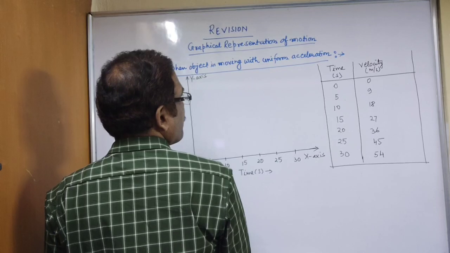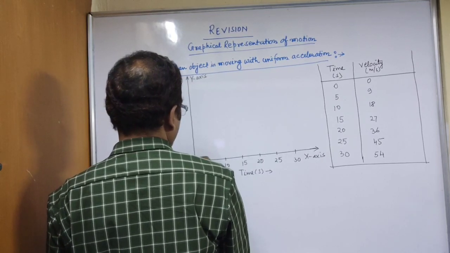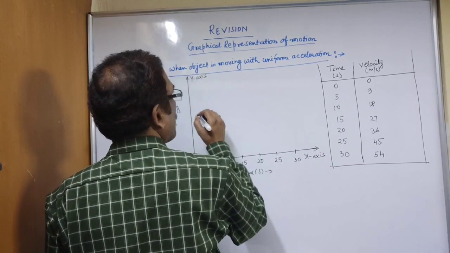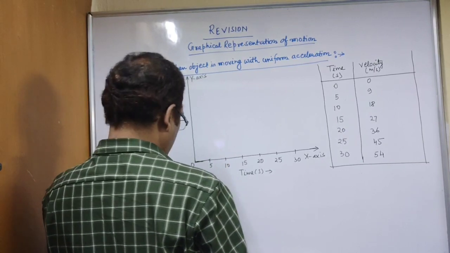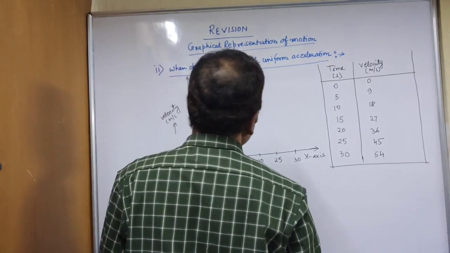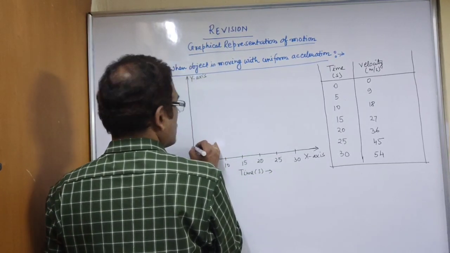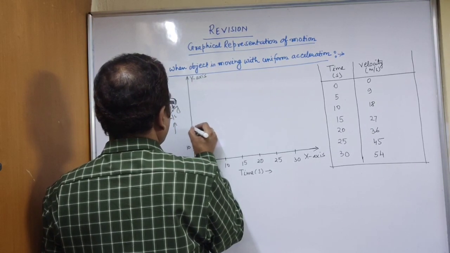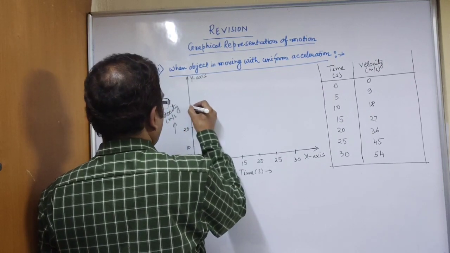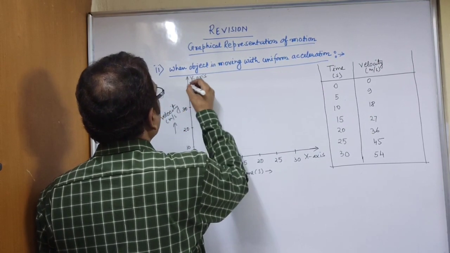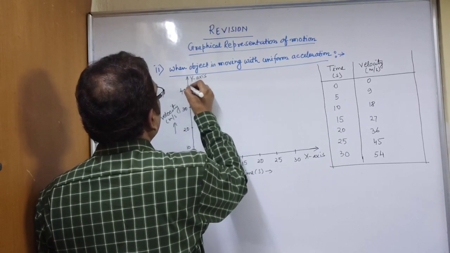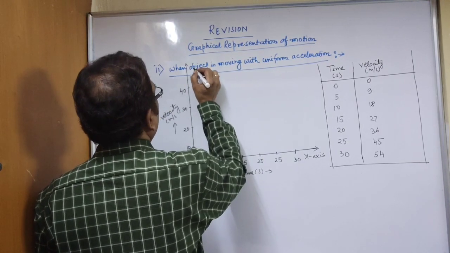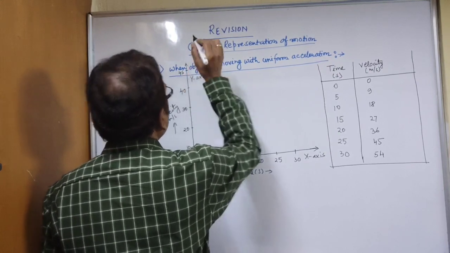Now take the intervals. Suppose this is 10, and this is 20, this is 30, and this is 40, or 45, and so on.